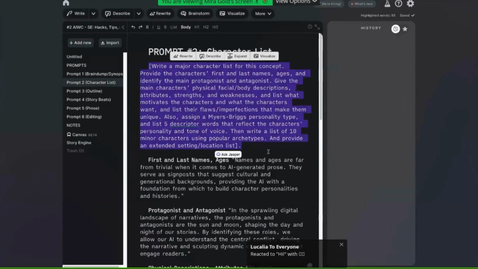Shouldn't the comments to the AI be inside brackets? So I found that in the Braindump, I did not need brackets. I also found that if I'm going to give simple directions, I can use parentheses to give directions.